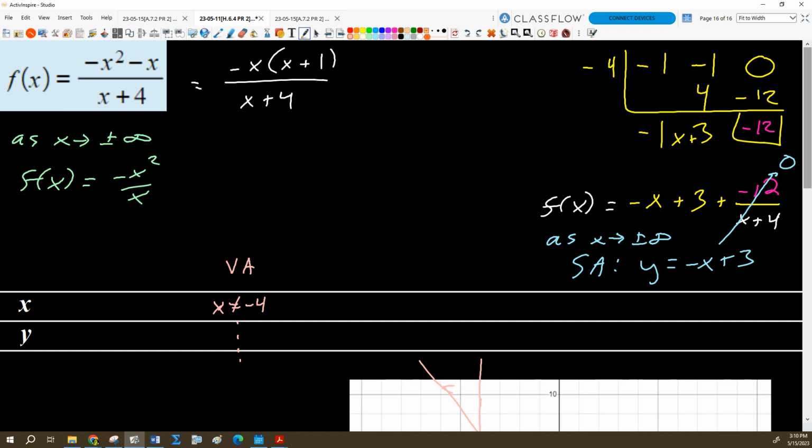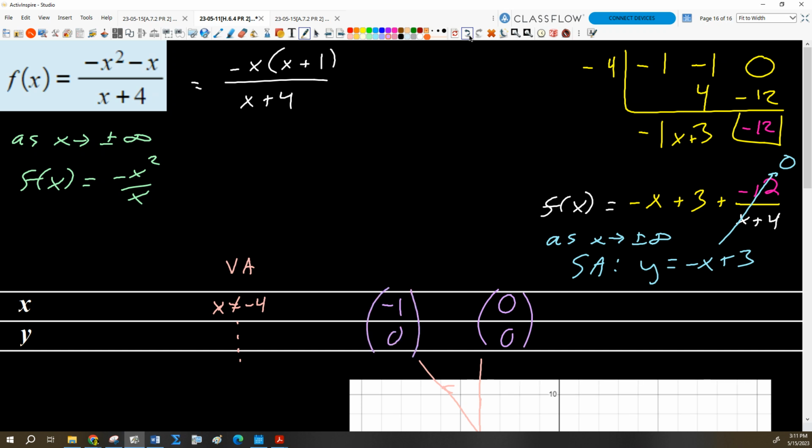We know a fraction is 0 when the top is 0 and the bottom is not. So if we look at the zeros of these factors up there, we get an x-intercept at 0, 0, and at negative 1, 0, right?